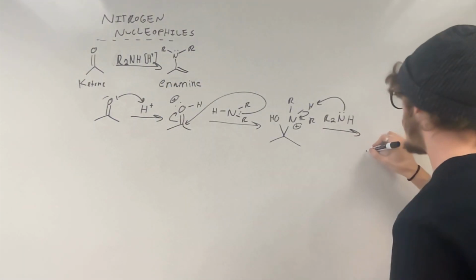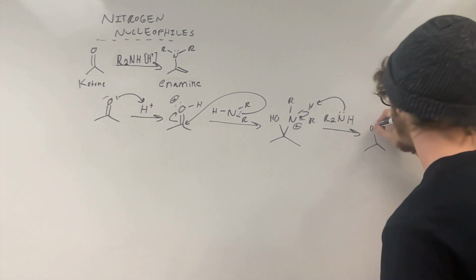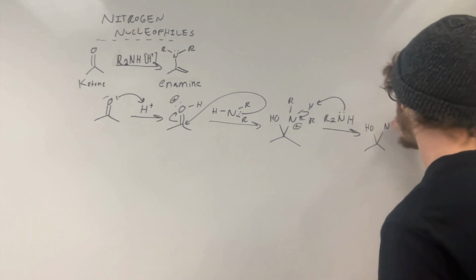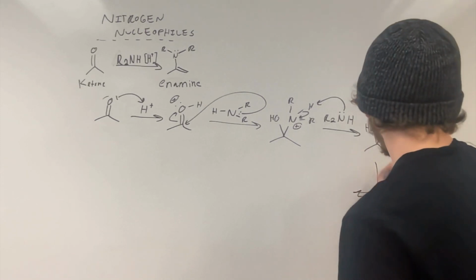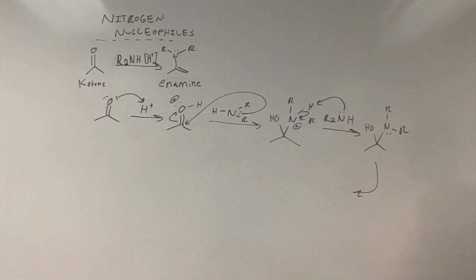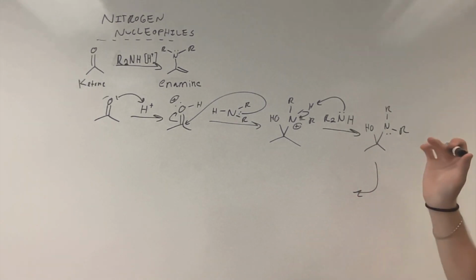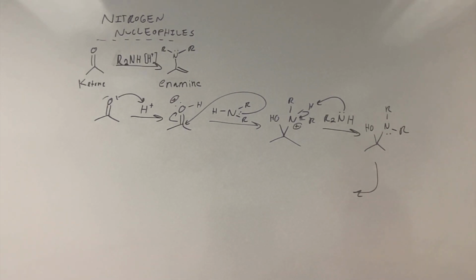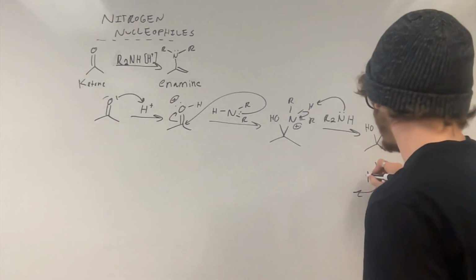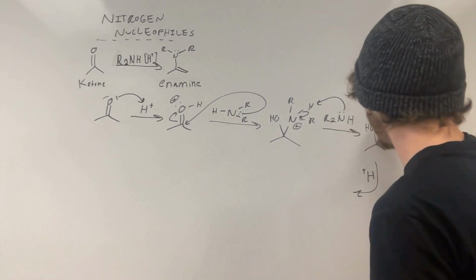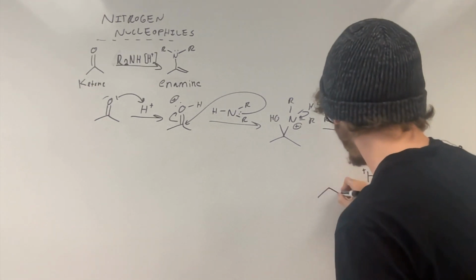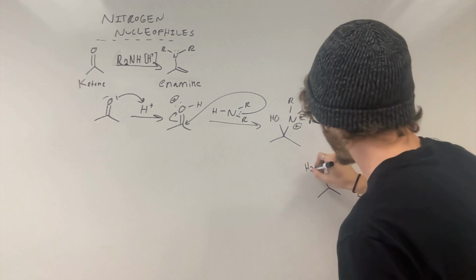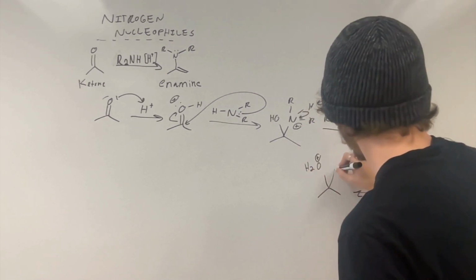So now we get a tertiary amine here. Now what happens is, oxygen is now wanting to leave, so we want to kick out that hydroxyl group. So it's going to pick up a hydrogen from solution, make that water leaving group that we saw last time.